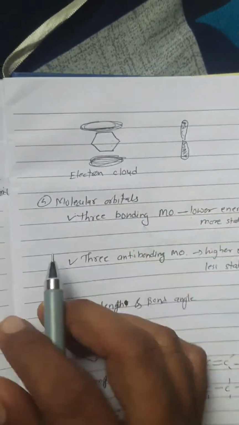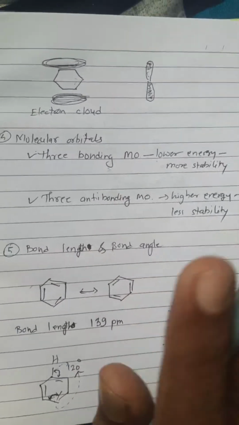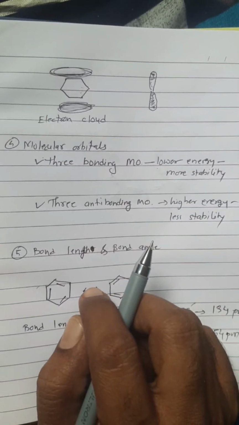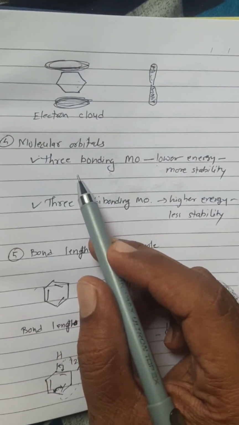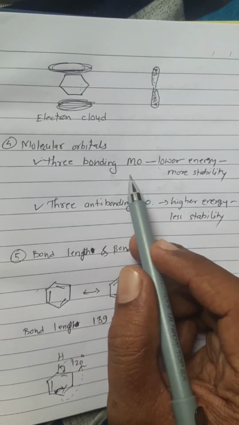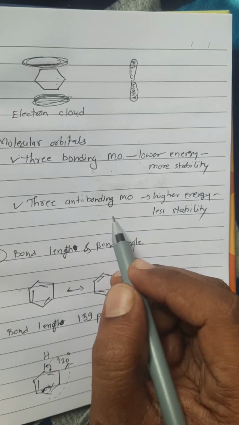Okay. Next point is molecular orbitals. There are two kinds of molecular orbitals of benzene: 3 bonding molecular orbitals and 3 anti-bonding molecular orbitals.